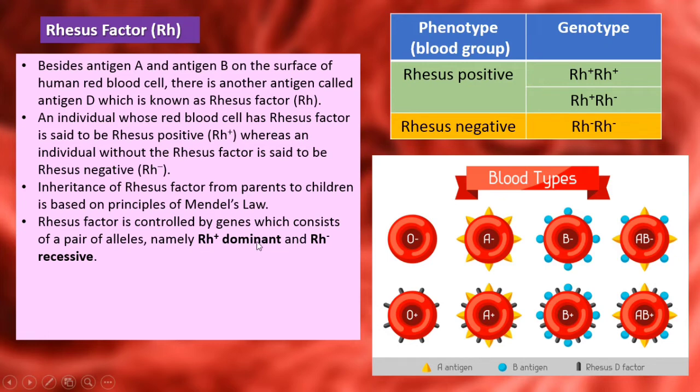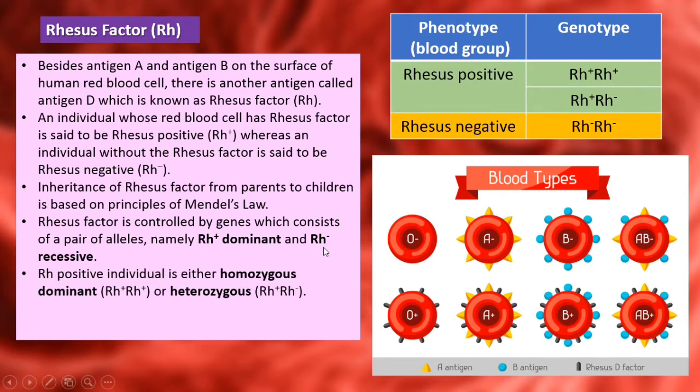So a Rhesus positive individual is either homozygote dominant, RH positive RH positive, or heterozygote, RH positive RH negative. A Rhesus negative individual is homozygote recessive, RH negative, RH negative.